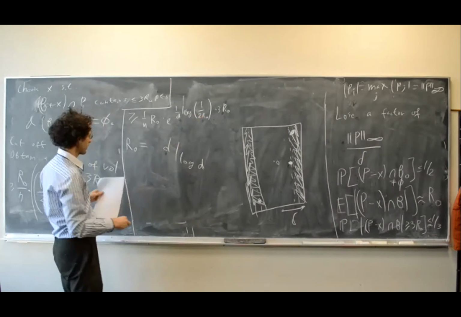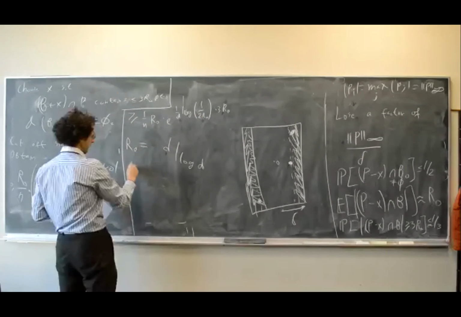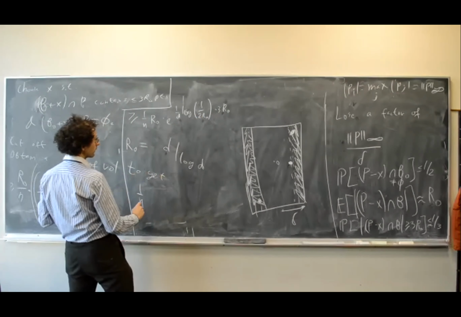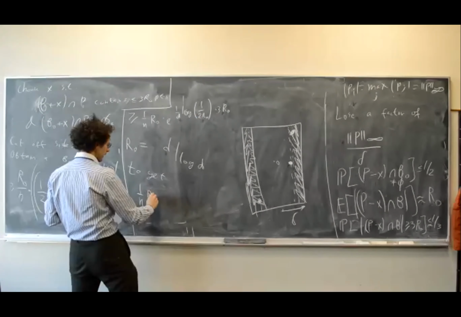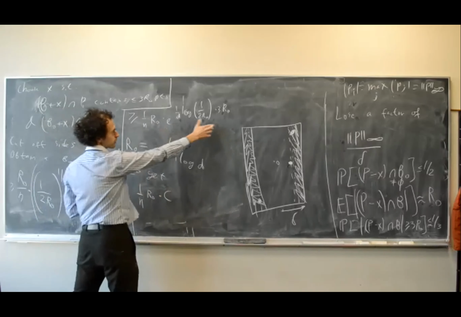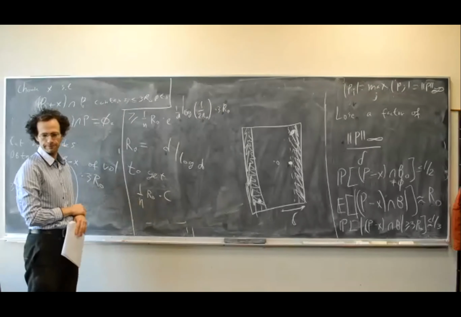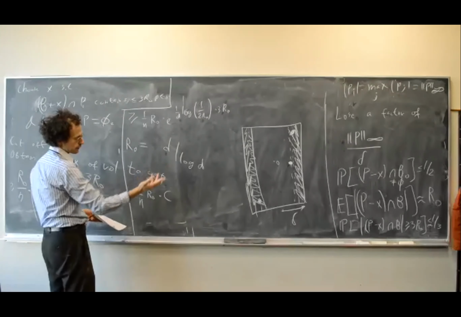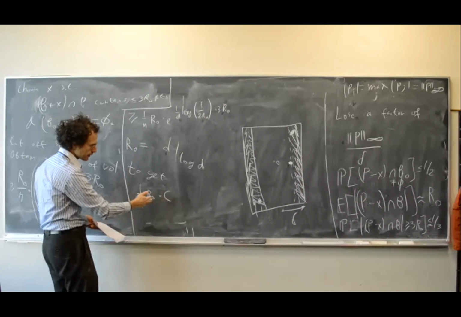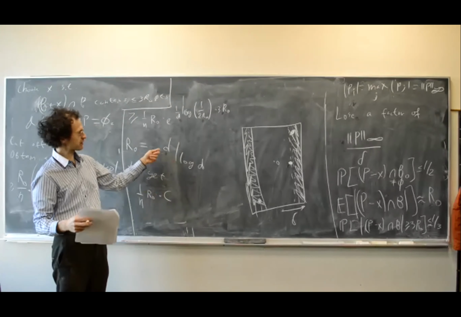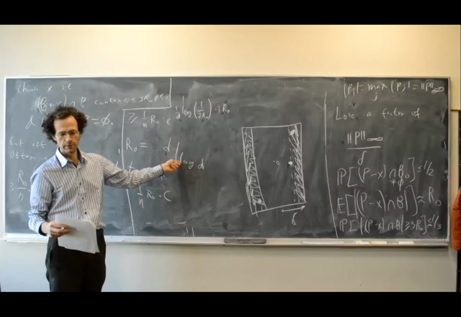So what we're going to get is 1 over n R naught times some constant, because this thing will just become a constant. Okay, and that's it. We can compute what this constant is, and I haven't tried to optimize this constant, but you see that you're getting a d over log d bound times some constant.